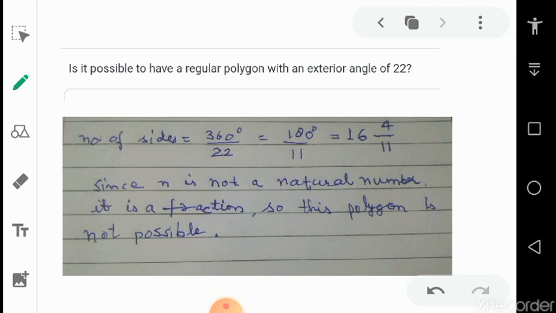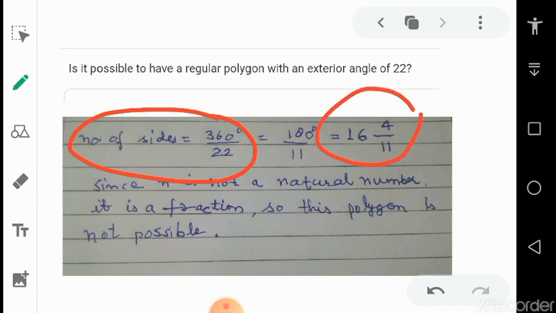Again, we will check whether the number of sides is a natural number or a fraction, so we will use the formula. Number of sides is 360 degree upon exterior angle, as we discussed in the previous questions. So number of sides is 360 degree upon 22. By simplifying, we get 180 upon 11, and if we divide 180 by 11, we get 16 and 4 upon 11. Now it is a mixed fraction.